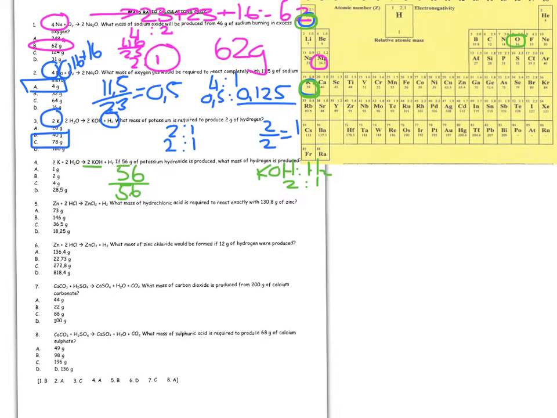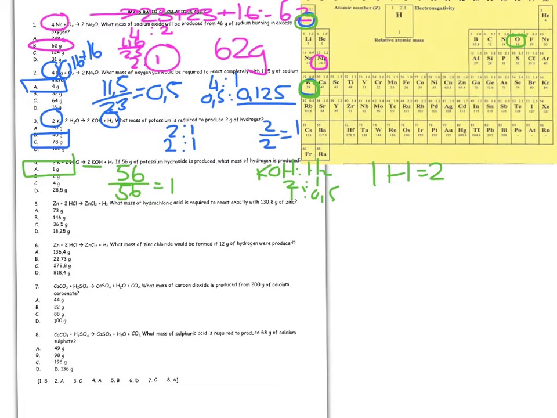Very convenient, and that turns out to be 1. So I've got 1 potassium hydroxide is to what mass of hydrogen is produced. I'm going to end up with 0,5 of whatever hydrogen is. We know that hydrogen is 1 plus 1, and that's 2. So 0,5 of 2, or half of 2, is 1 gram.